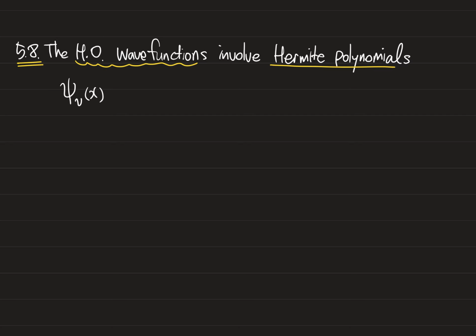Still we are discussing only the one-dimensional harmonic oscillator, so we have only the variable x. So this psi v(x) describes the probability amplitude of finding the vibrating particle at a given position.